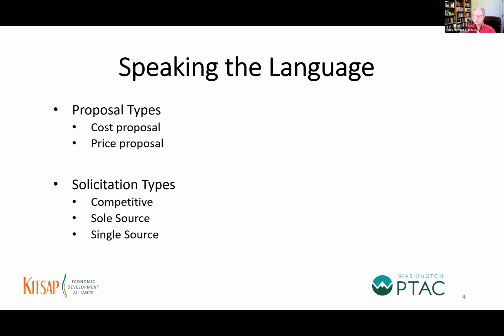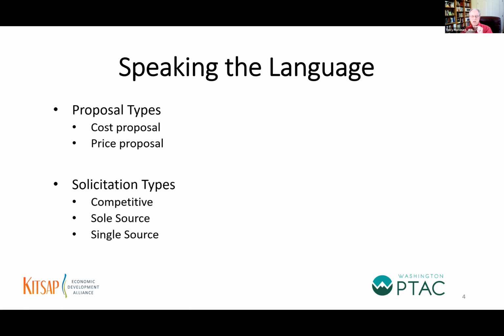However you arrange it, you just got to make sure that you include all those components of a price proposal to make sure that you are submitting a complete proposal that you're not going to lose money on starting day one of a contract. All right, so a cost proposal is all the line items that add up to the bottom price that you're going to offer.